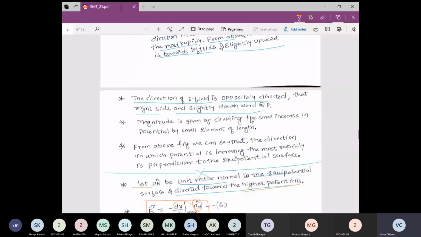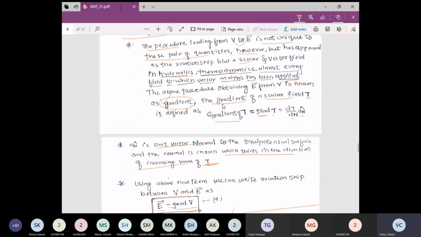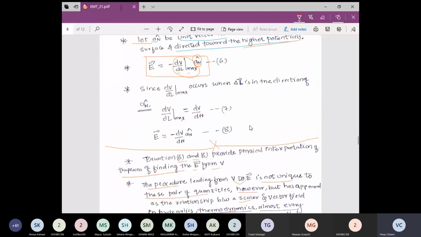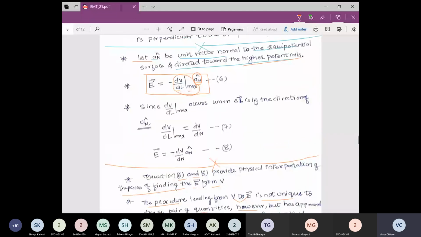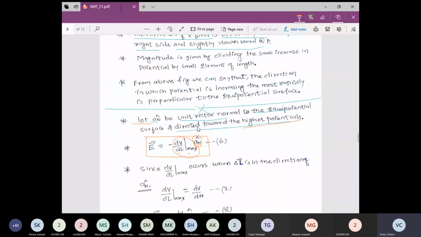Okay, so if that is clear, you could see we got some physical interpretation, we got to know the process. From all these things, what we come to know is that the magnitude of the electric field is given by the maximum rate of change of the potential.